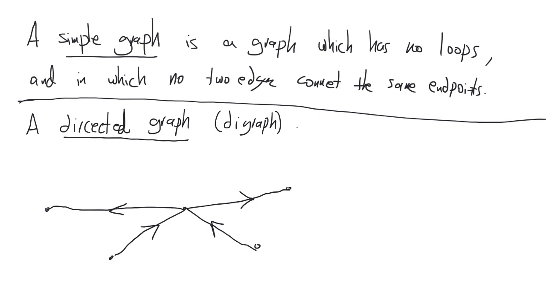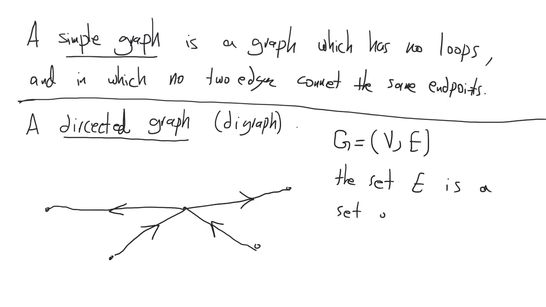And a very easy way to formally define the directed graph is by saying that the graph G, which is the set V, is now such that the set E is a set of ordered pairs.